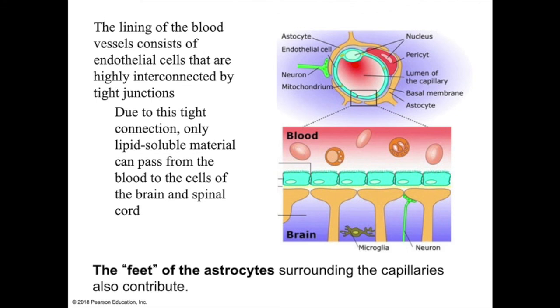The diagram shows the blood, the brain, and the endothelial cells in bluish green, but also shows us the astrocytes, represented in yellow. The astrocytes contribute to this blood-brain barrier. Functionally, the content of the blood cannot pass freely into the brain and vice versa.